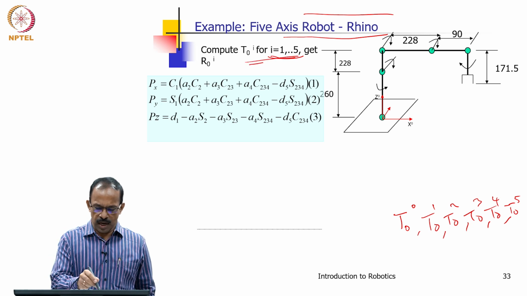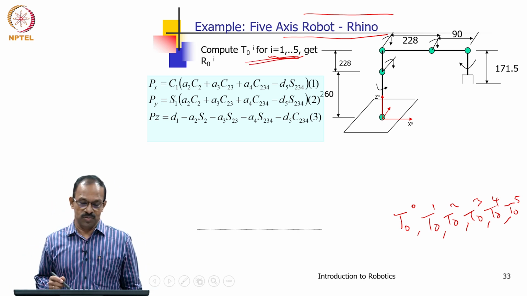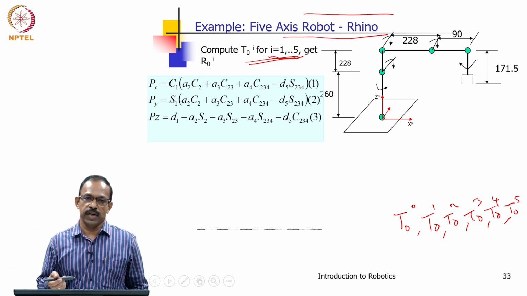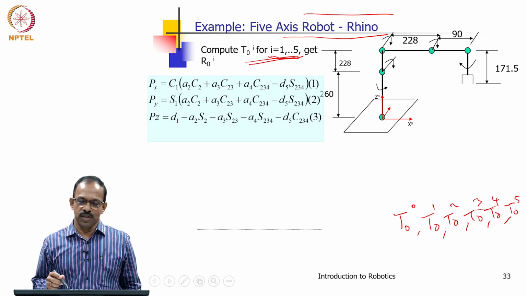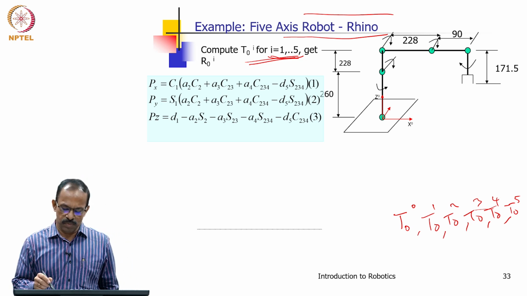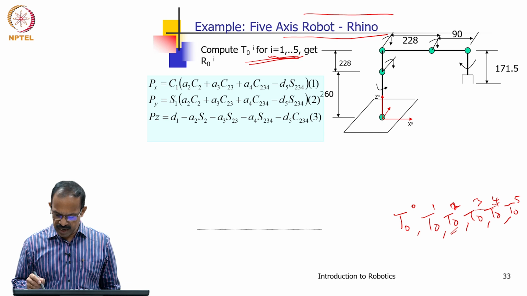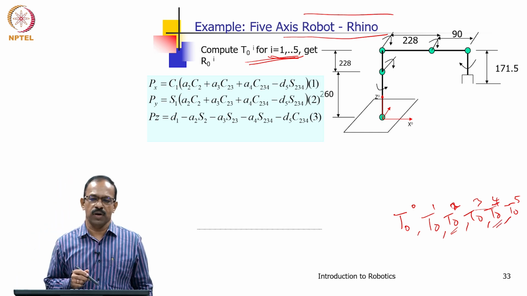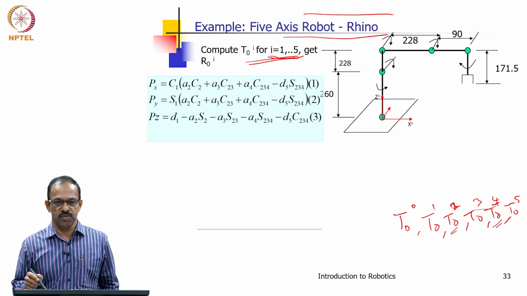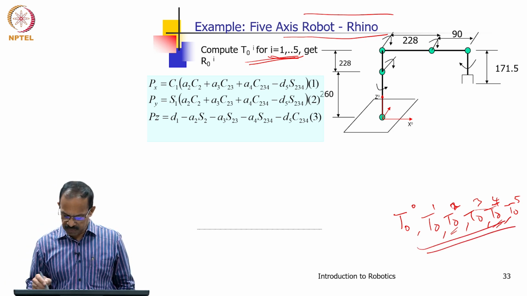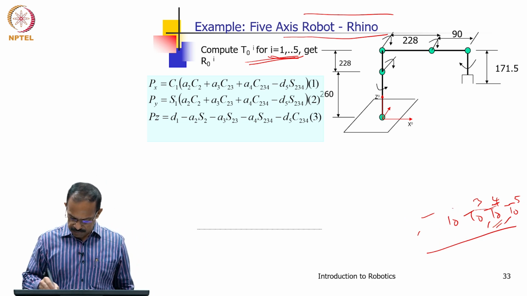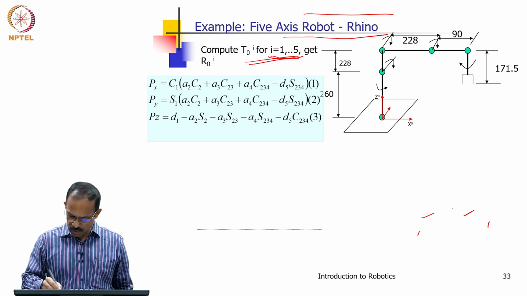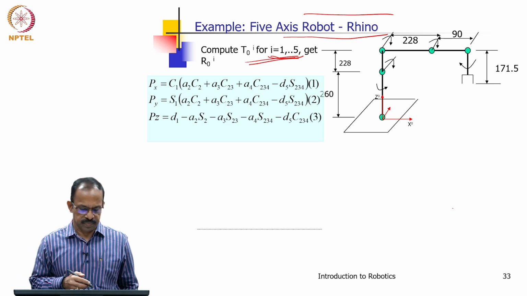Normally we do not do this for forward kinematics, we do not need 0 to 1, 0 to 2 etc. But we need to know now how joint axis 2 is aligned with the 0 axis, or how joint axis 4 is aligned with the 0th axis. So this information we need, and that is why we need to calculate these matrices T01, T02 etc. All the transformation matrices from T0 to Ti are to be calculated first.